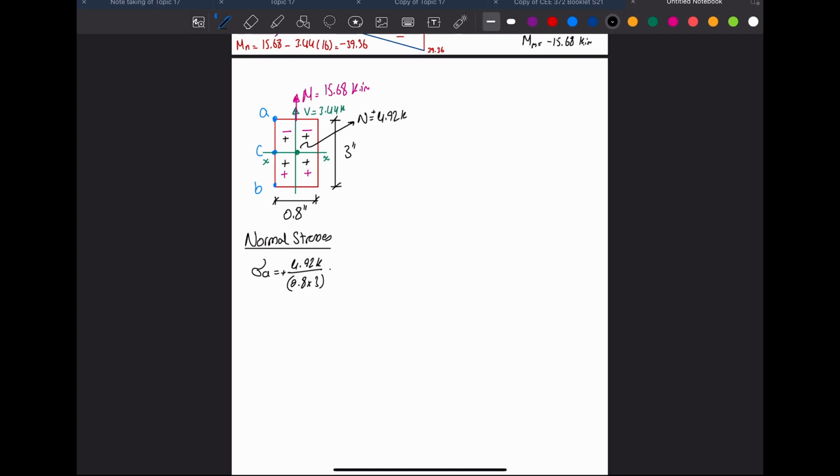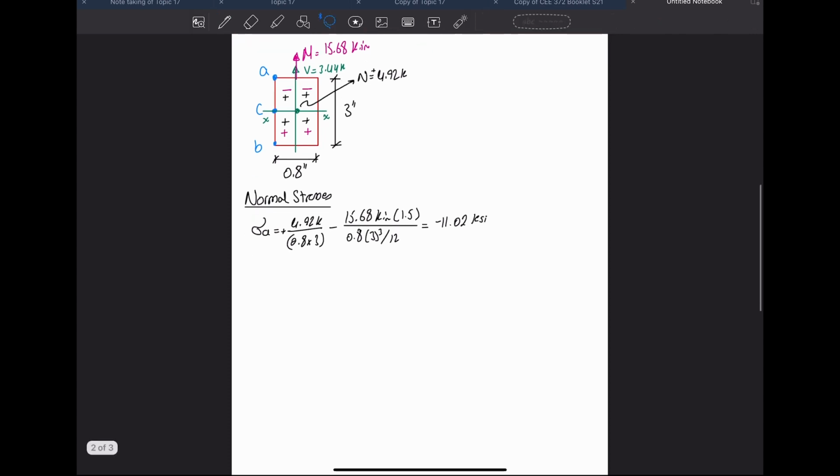Then minus the moment, 15.68 kip inch, times y, the distance from the centroid to point A, which is 1.5, over the moment of inertia about the axis of bending: parallel 0.8, perpendicular 3 cubed over 12. And I'm getting negative 11.02 ksi.